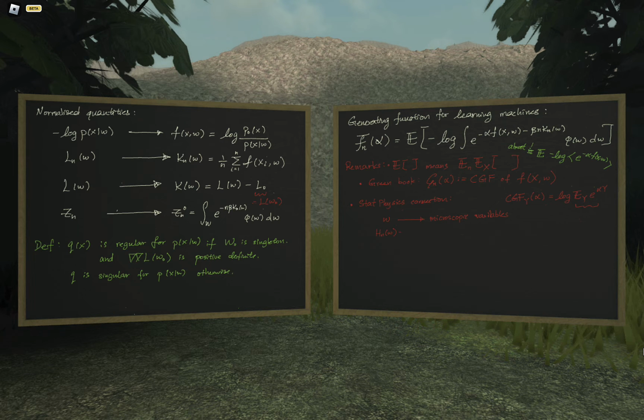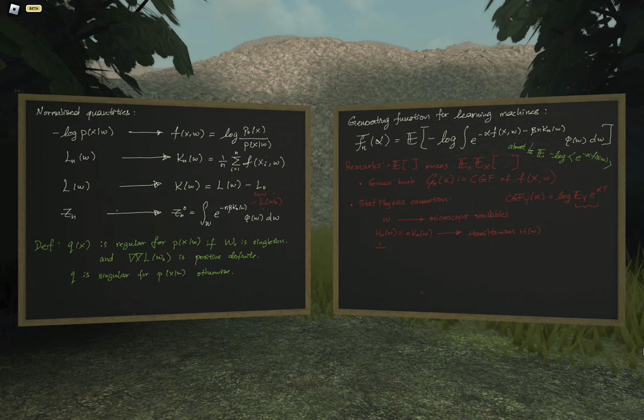Let's define Hn to be n Kn of W, just removing the 1 on n averaging before. That's like the Hamiltonian H of W in statistical physics.